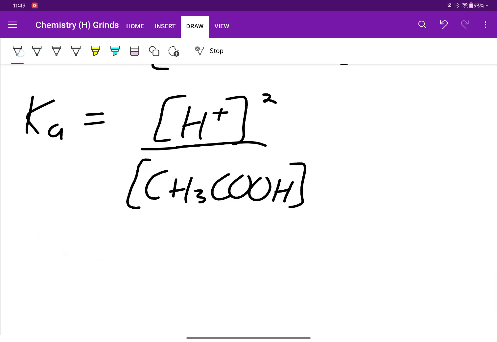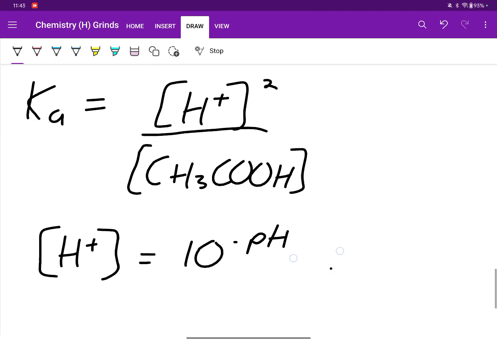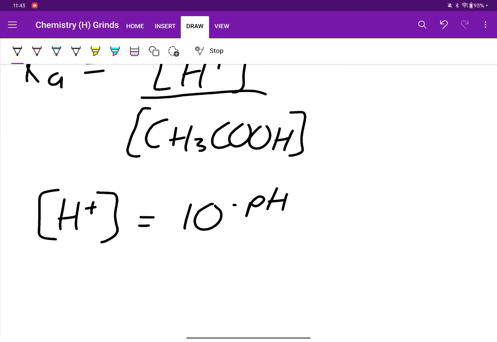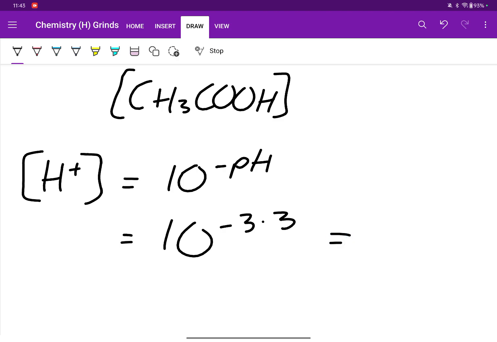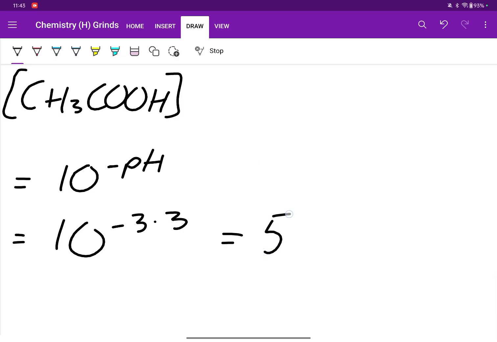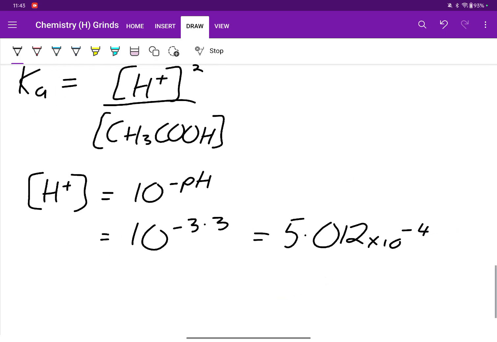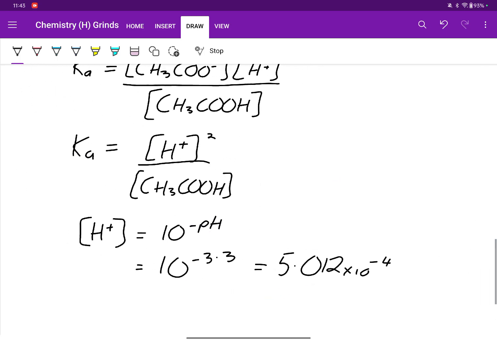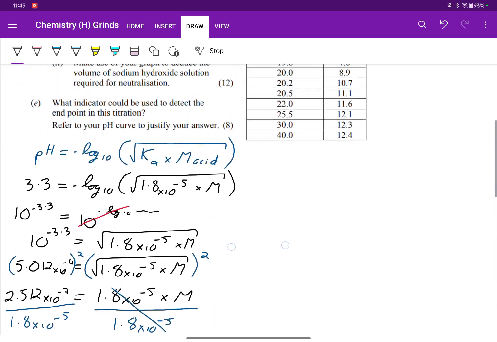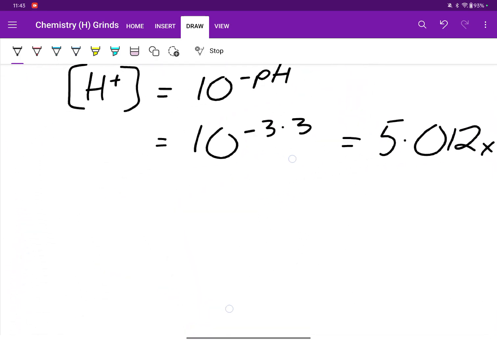So we know H plus is 10 to the minus pH. That's asked nearly every year, or you're asked to use that formula somehow every year. And our pH is going to be the same as before, the initial, 3.3. And that was 5.012 by 10 to the minus 4. So that's our H plus concentration, and we know our Ka value, because we're told it in the question. It's 1.8 by 10 to the minus 5.